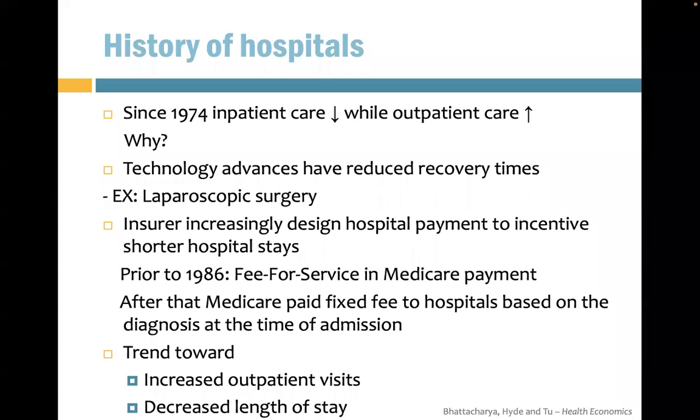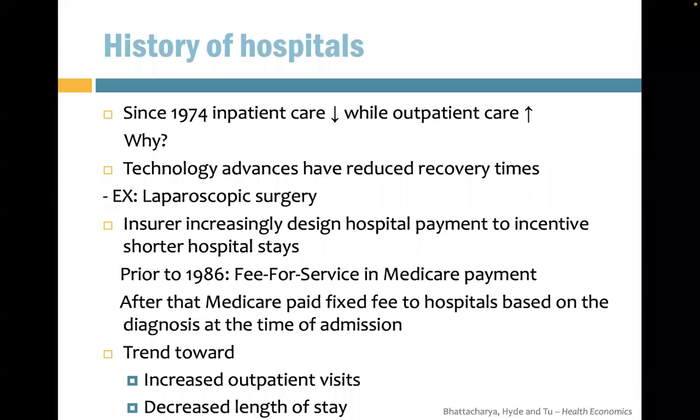But in 1986, Medicare decided that they would pay hospitals a fixed fee based on diagnosis at the time of admission. So when you admit a patient, you give a diagnosis, and patients are grouped into 600 or 900 different codes.